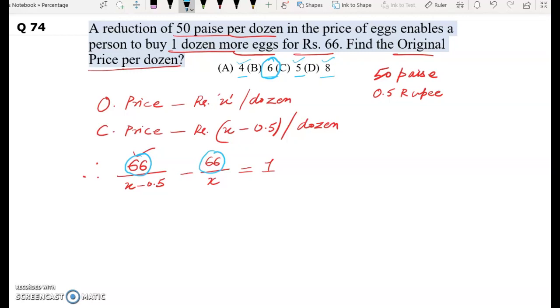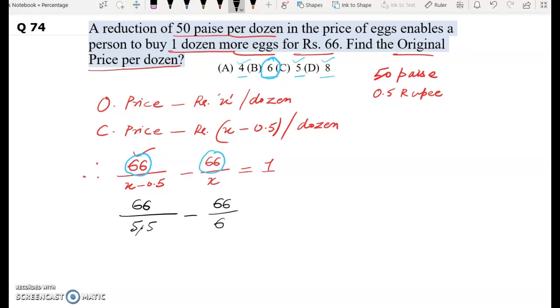So let's check with option B. Now 66 divided by X minus 0.5. X is 6, so 6 minus 0.5 will give us 5.5. And 66 divided by X, X is 6.